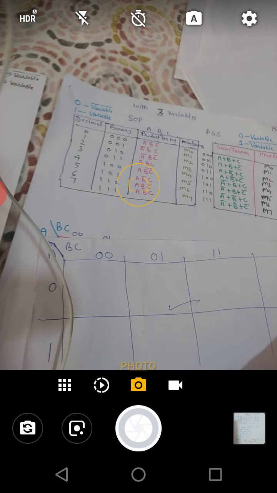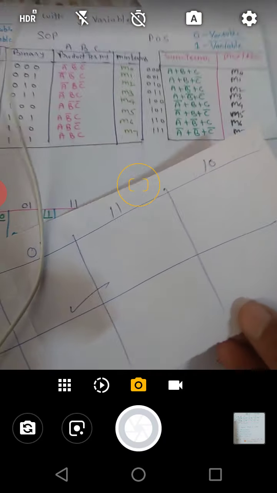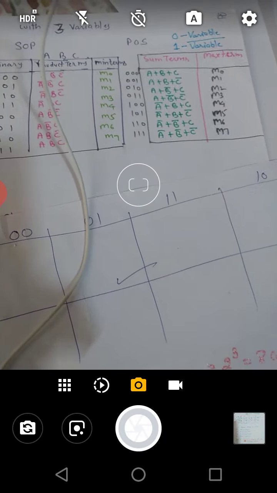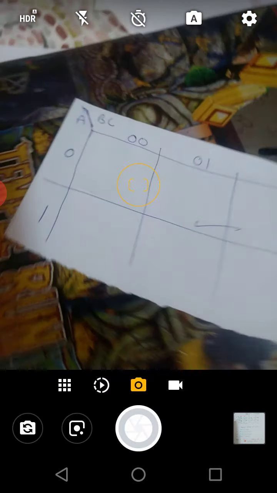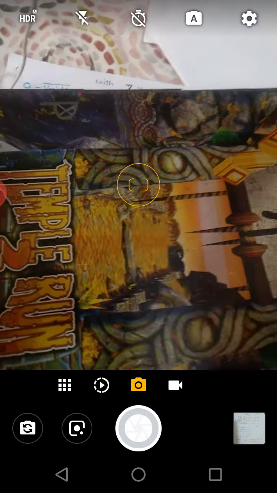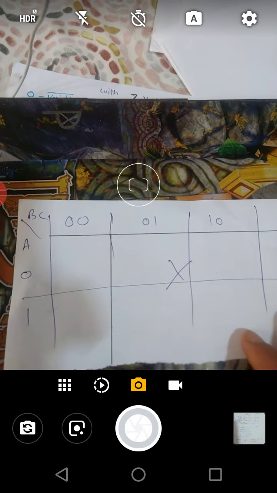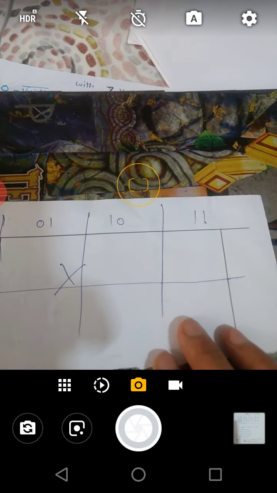See students, I am showing you the practical concept. This is the page. I have written here 00, 01, 11 and 10. At the other end I have written 00, 01, 10 and 11.